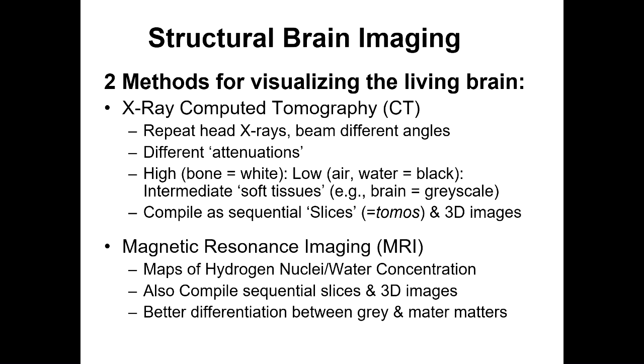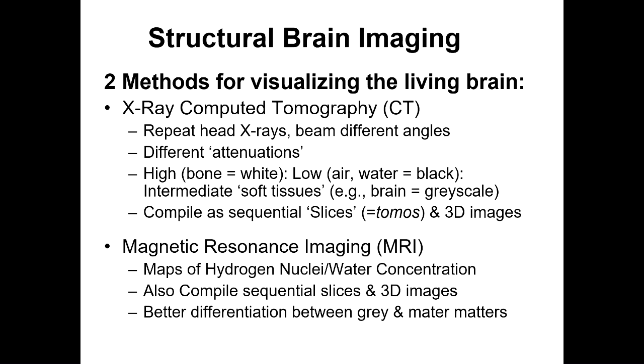The second technique, which is MRI, maps hydrogen nuclei and water concentrations inside people's heads. Again, the person lies in a scanner. I don't know if any of you have been in an MRI scanner before. I've done it several times as part of a research project.